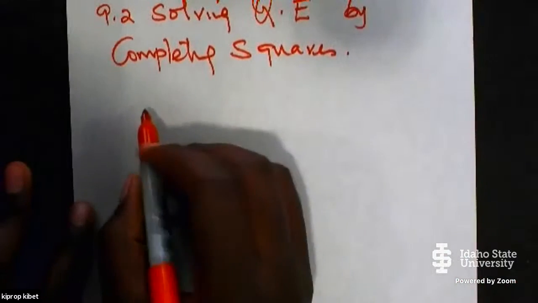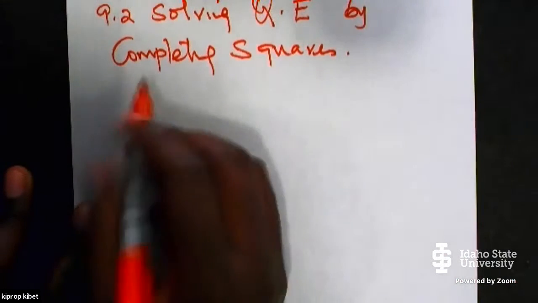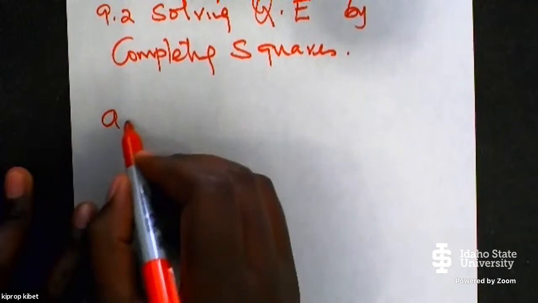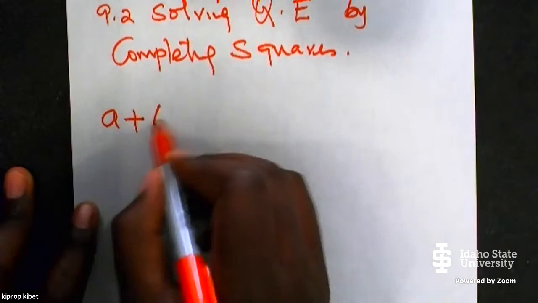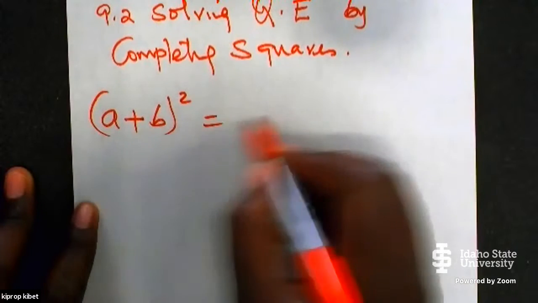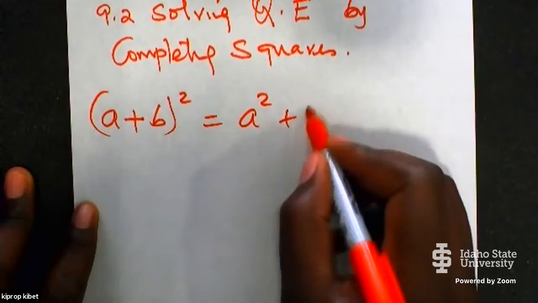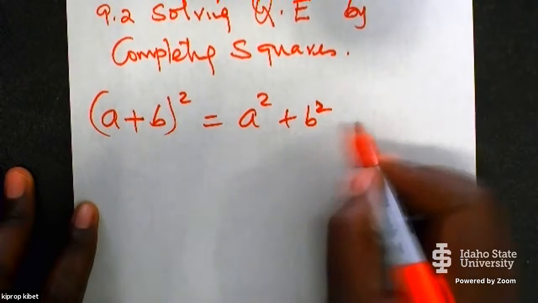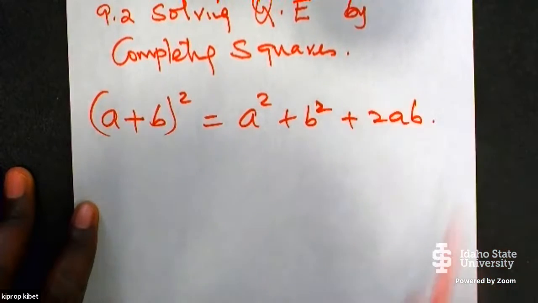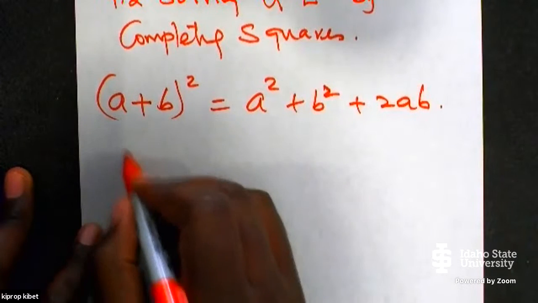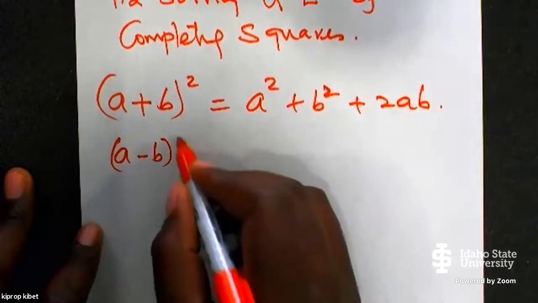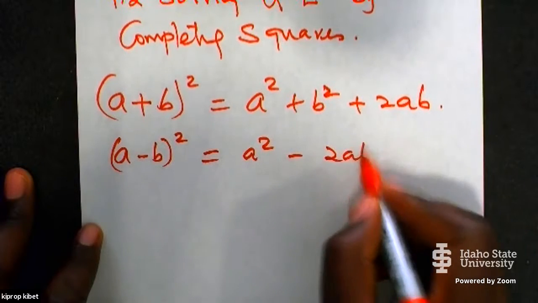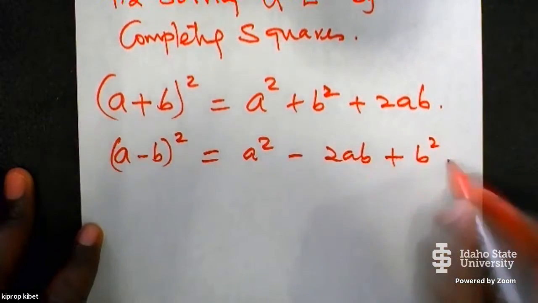So we were trying to complete the square where we have a plus or minus b squared. A plus b squared equals a squared plus 2ab plus b squared, and a minus b squared equals a squared minus 2ab plus b squared.